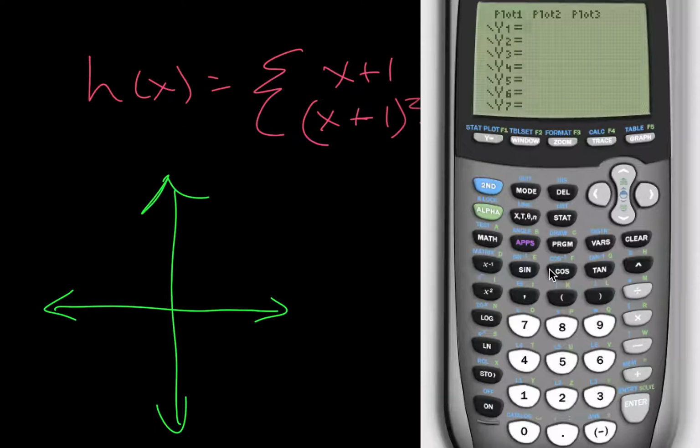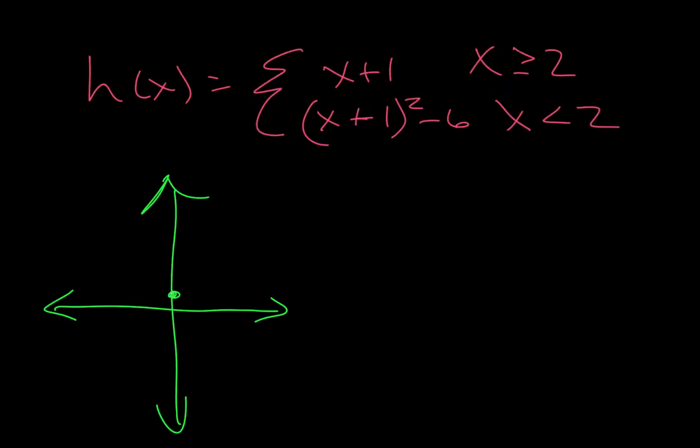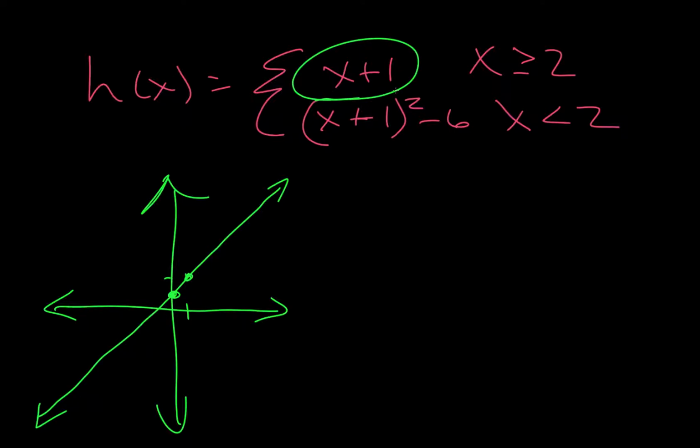We would try x plus 1, and then graph it. And we see it crosses at 1 on this. It has a slope of 1 there. So this is our green function.